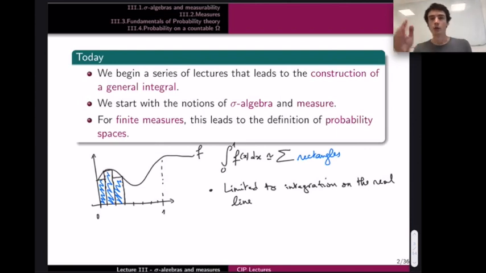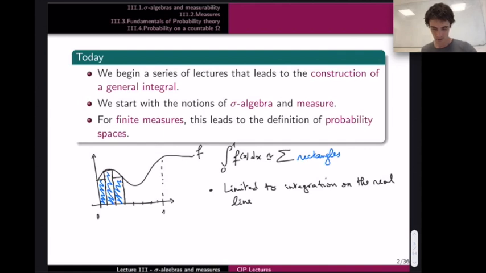Of course, you can extend the Riemann integral to a d-dimensional space, a flat space actually, but this is not very natural, and this brings a lot of complications. We'll see that it would be much more natural to work in R^d with multiple integrals and so on within the framework of measure theory.